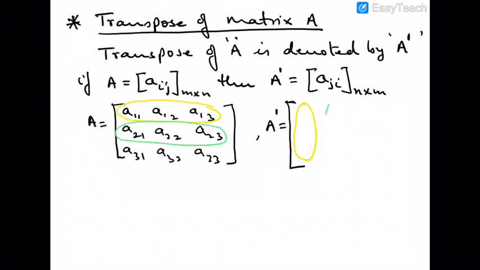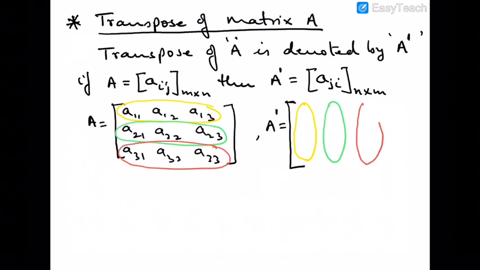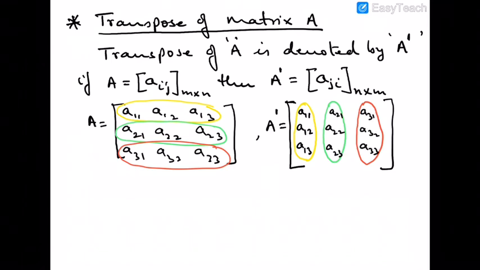Then take the second row of A and write it down as the second column of A transpose. And for the third row, write it down as the third column. So it will be A11, A21, A31, A12, A22, A32, A13, A23, A33.